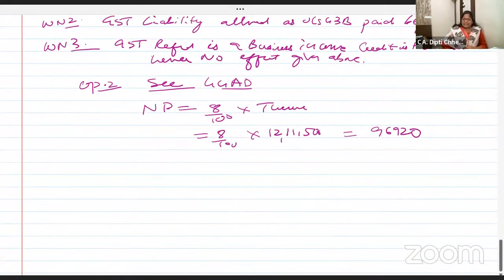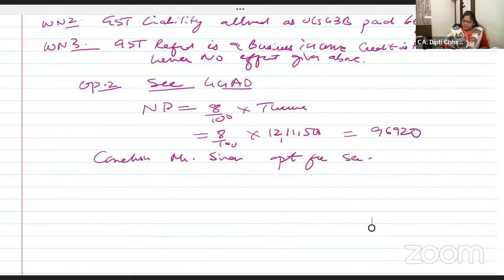Here it is 96. So can he opt for the presumptive taxation? Yes. Conclusion: Mr. Shivam will opt for section 44AD presumptive taxation because the net profit is less.